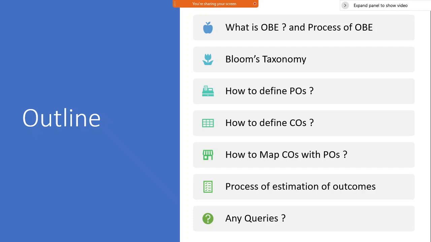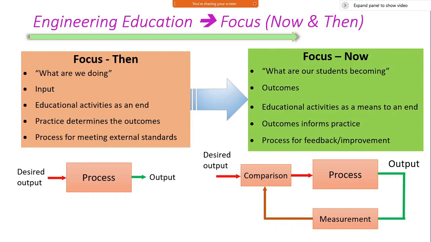At the end we'll discuss the entire process and how to create an Excel sheet, and I may share a few Excel sheet templates so that you can use them. Finally we'll have a question and answer session.